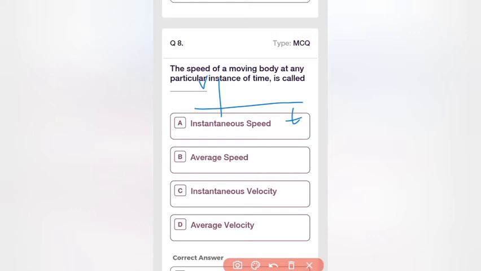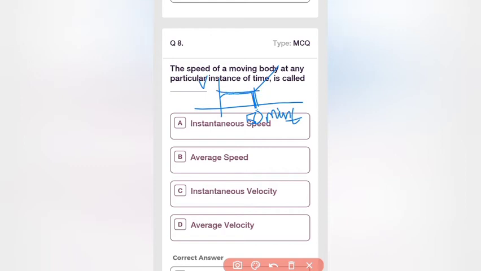Suppose at this particular instant, say 50 minutes, what is the value of the speed?